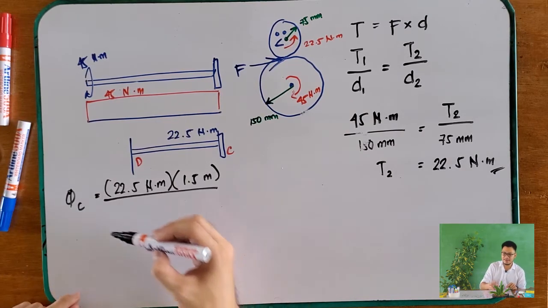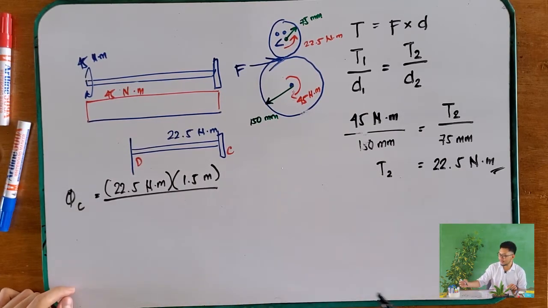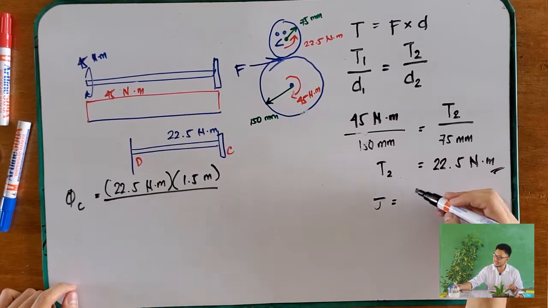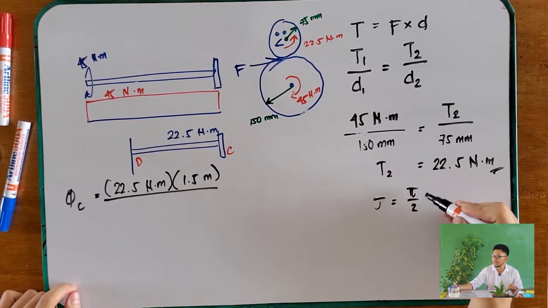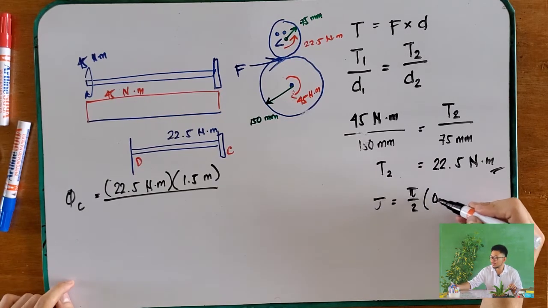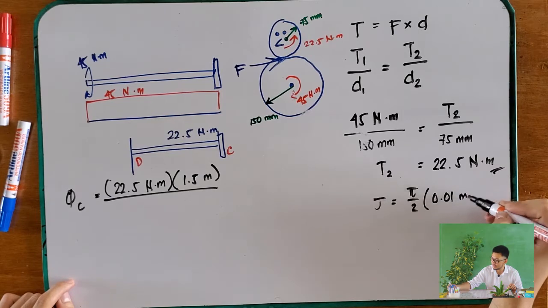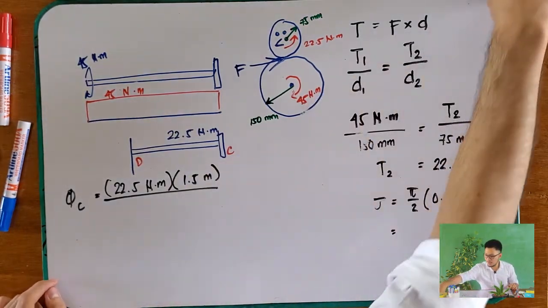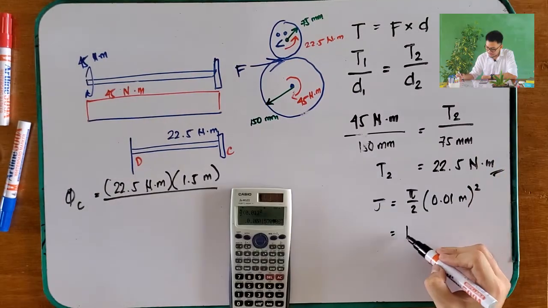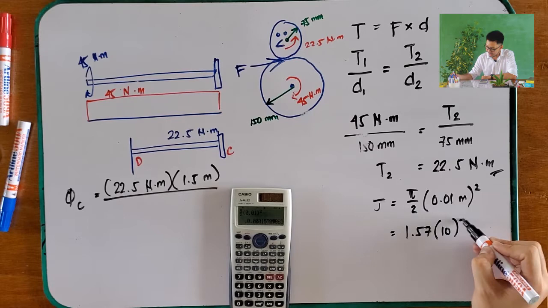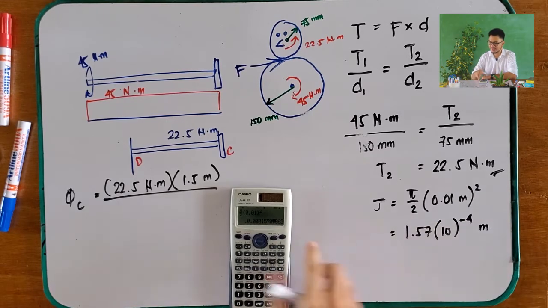So your J can be solved as pi over 2 times, so 10 millimeters ang radius, 0.01 meter squared, to the fourth. And that is approximately 1.57 times 10 to the negative 4 meters to the fourth.